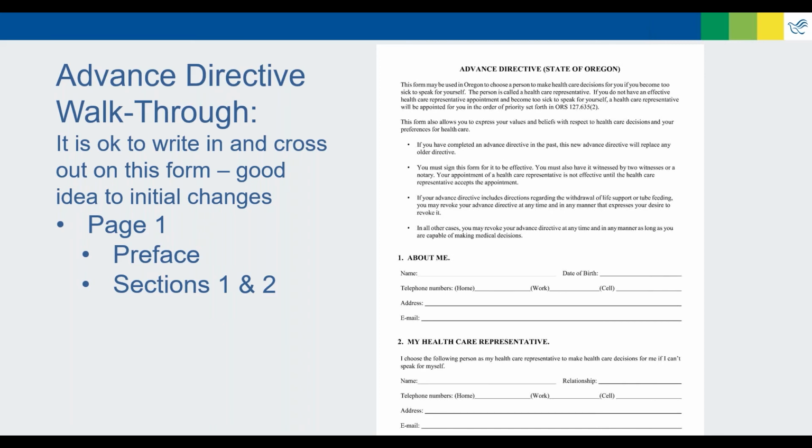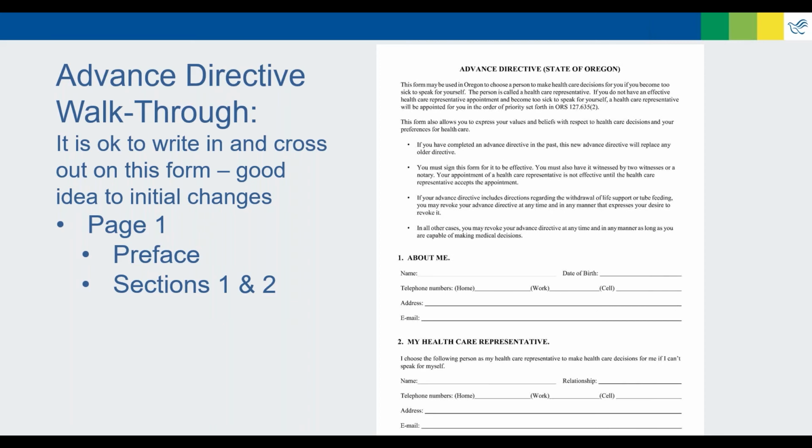And we can just start with this sort of preface, the first half of page 1, or the section before section 1 that doesn't have a section number. And what it's talking about, quickly to summarize, is that you'll have an opportunity on this form to designate a healthcare representative to express your values and beliefs related to healthcare decisions.